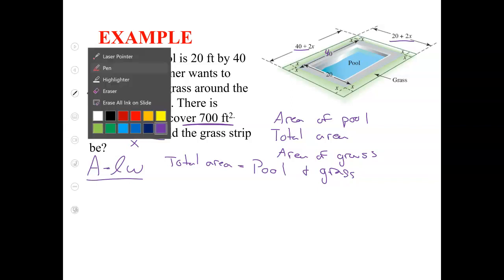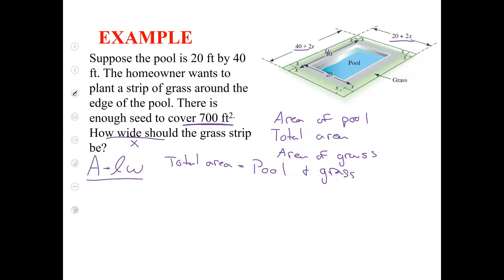So let's start with the total area. What expression could I use to represent the total length? The whole thing, total length. What do I have in my diagram that represents the total length? 40 plus 2x.